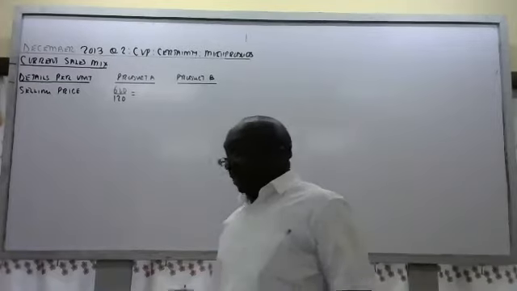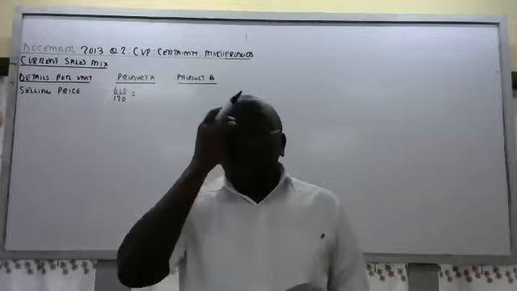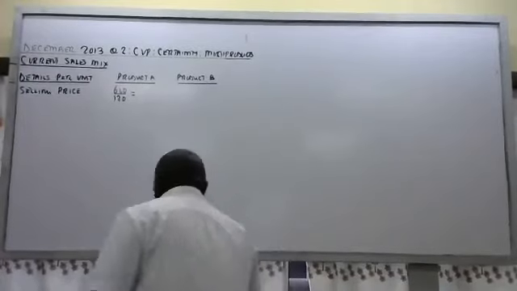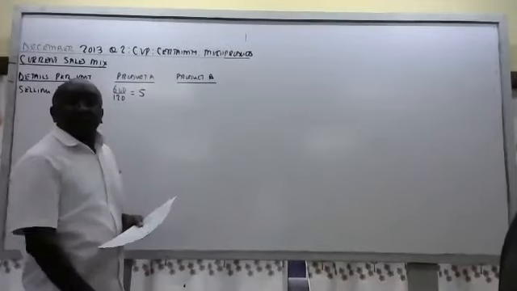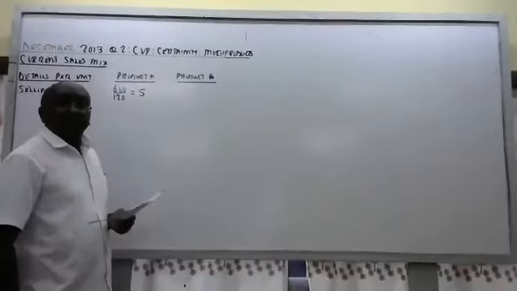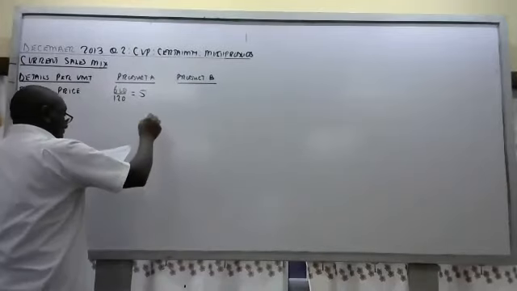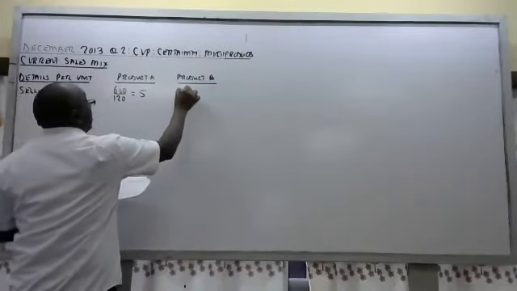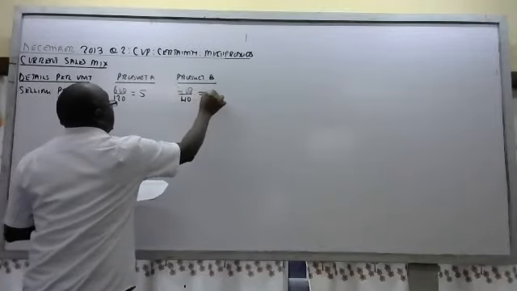Okay, Jack says it is 5. Then for this other one, it is 400. You divide by 40, this must be 10.